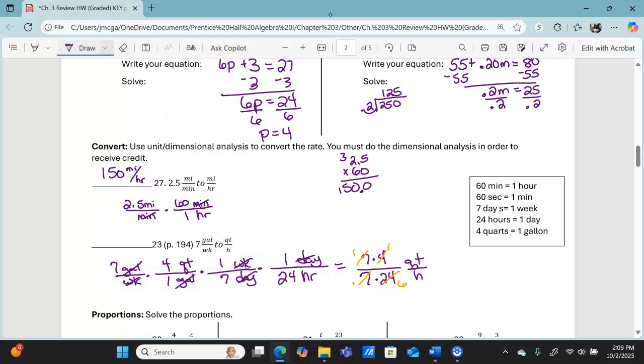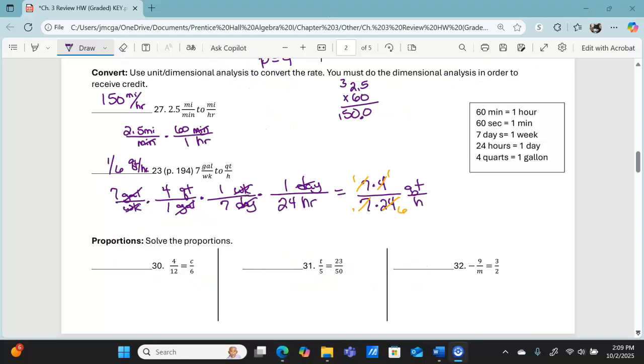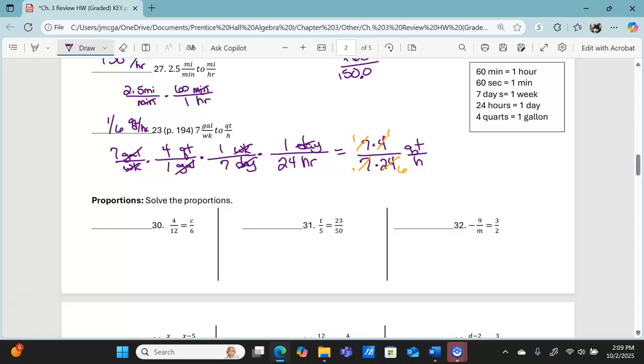And so I end up with 1/6 quart per hour. If you did not see that, then you would have ended up with a repeating decimal of 0.16 repeating, so 0.1666666.